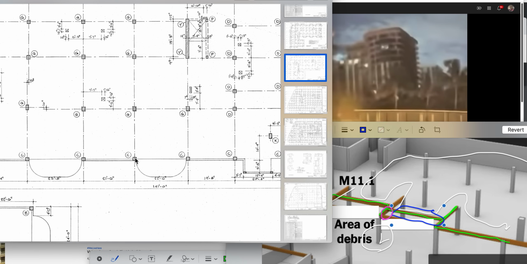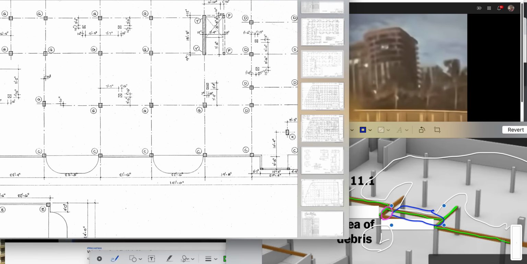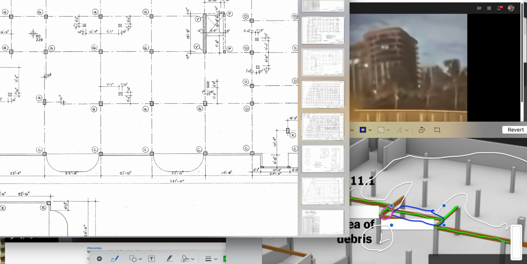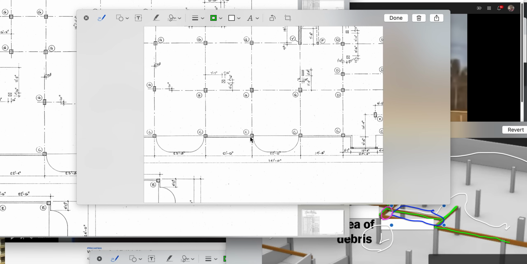So if it goes, it's got 44 feet. From here to here, let's do it like this. It's the same as there to there. Okay, it's got 44 feet.